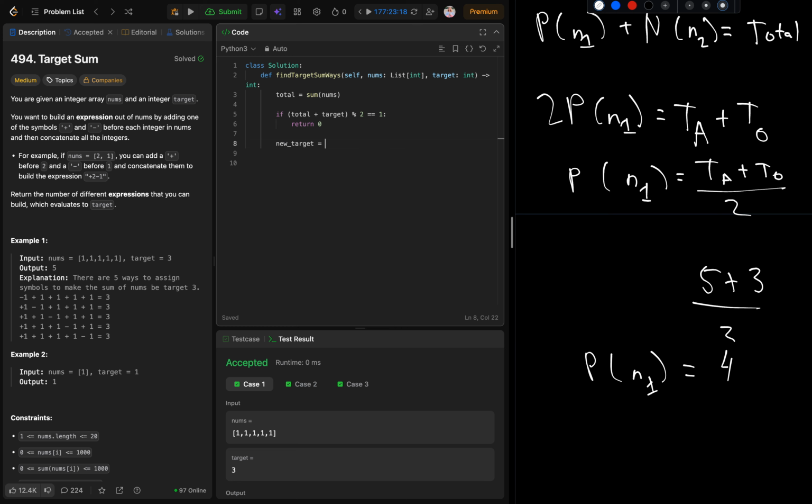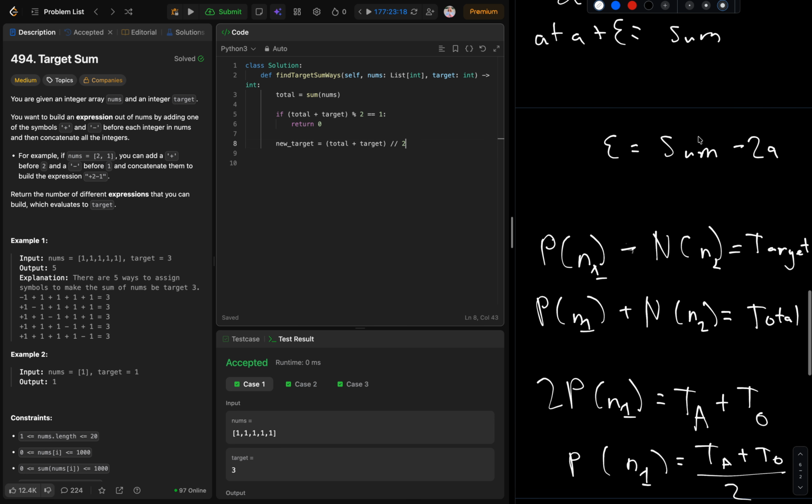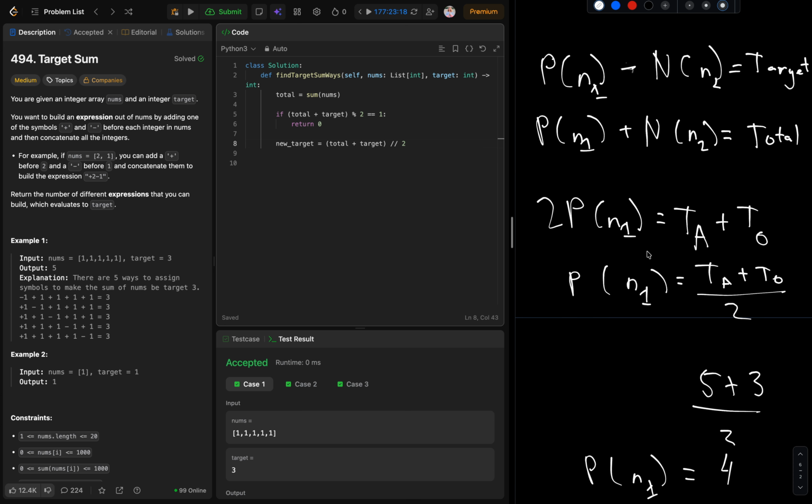New target equals... And yeah, how do we transition between them?